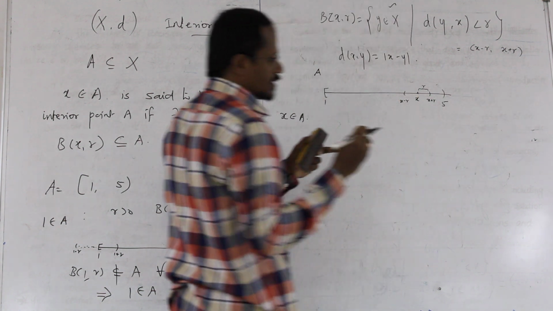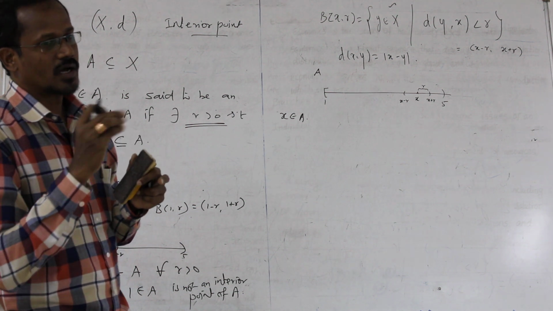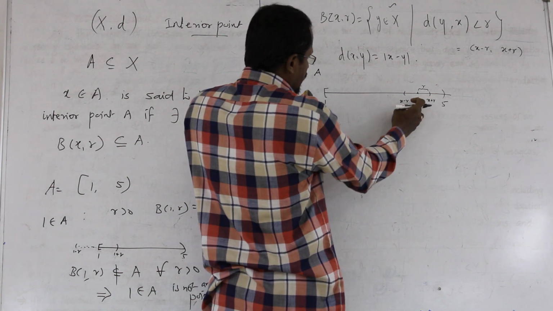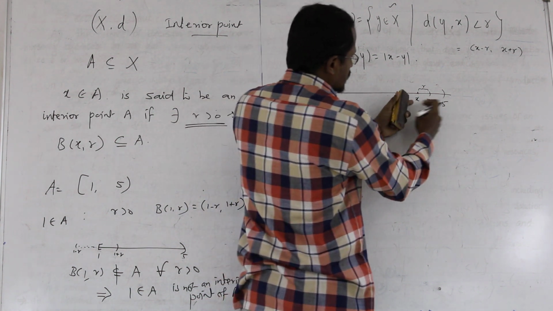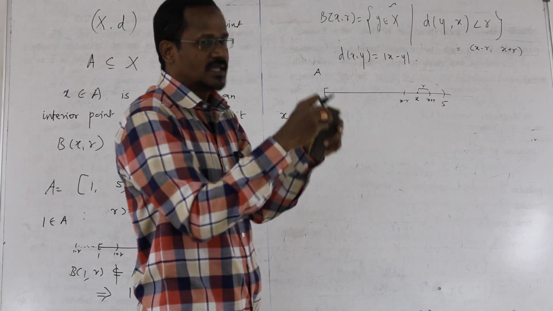So the intuition leads to how to choose positive r. You find the distance from x to 1 and the distance from 5 to x, and whichever is the minimum, you choose a number less than that minimum.